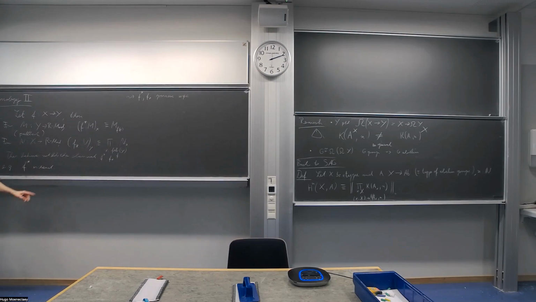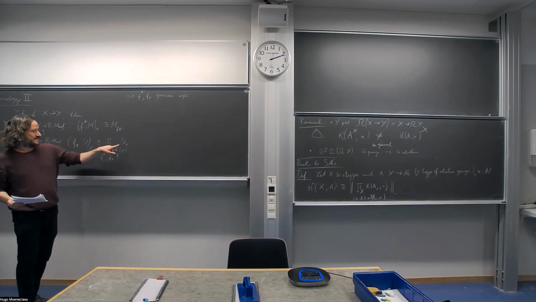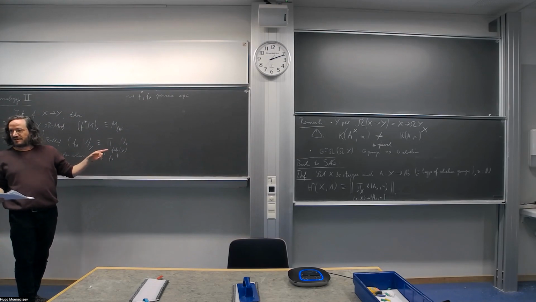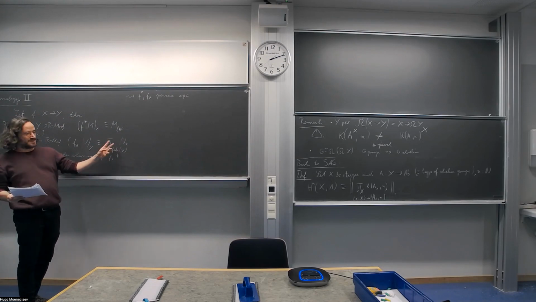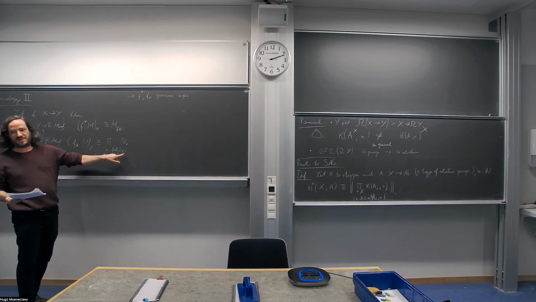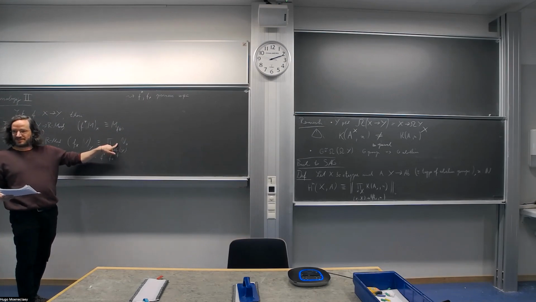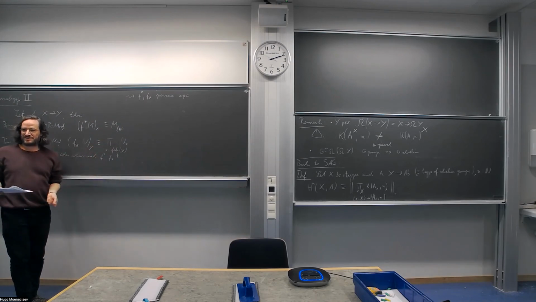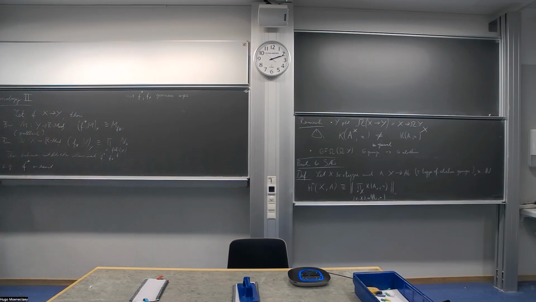What you need is that for something WQC, the result is WQC again. So the theorem you need, which is not hard, is that products indexed over schemes of WQC modules are WQC modules again. You get this.